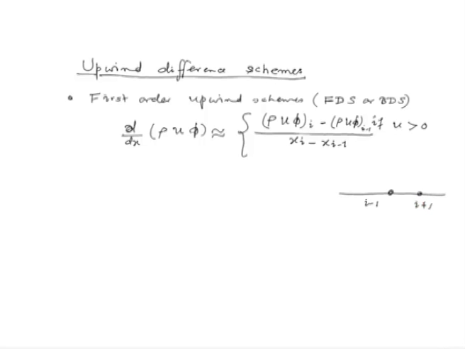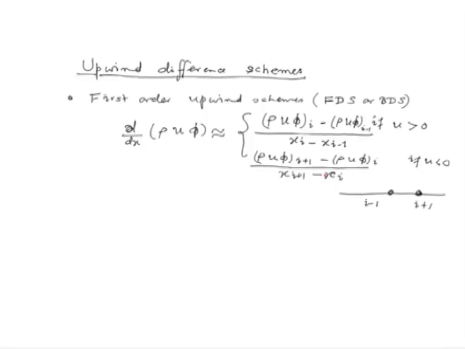And if u were less than 0, that is, our flow is directed from right to left. So in that case we have to consider our upwind node becomes the I plus 1th node. So we will have the values rho u phi at I plus 1 minus rho u phi at I divided by x of I plus 1 minus x of I. Okay.